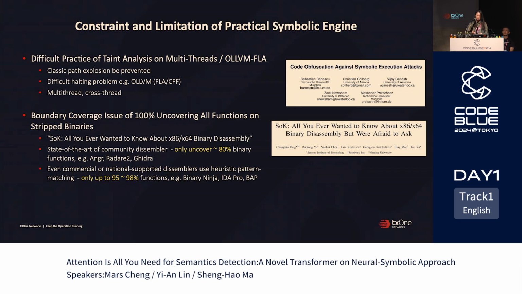And even the commercial or nationally supported disassemblers that use heuristic pattern scanning can only cover 95 to 98%. So if attackers can build code that is detected by those commercial packers, we still cannot detect all the functions.